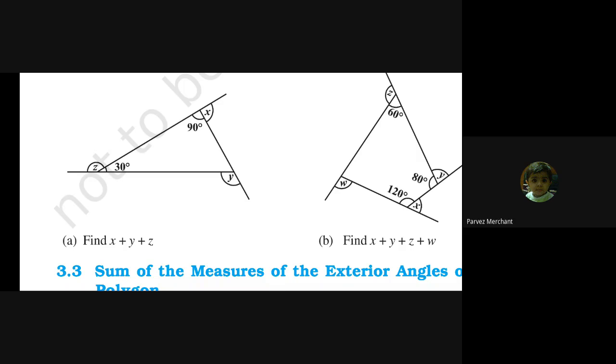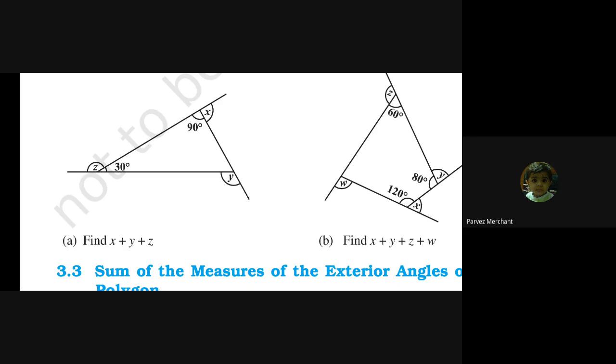Please listen again. The angle sum of the exterior angles of any polygon, meaning triangle, quadrilateral, pentagon, hexagon, heptagon, octagon, nonagon, decagon, any, is always 360 degrees.